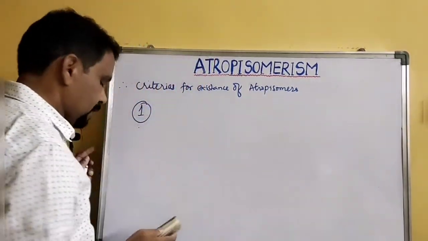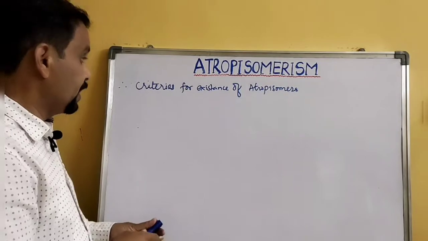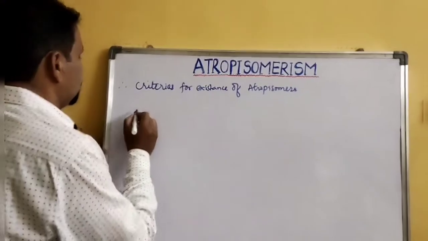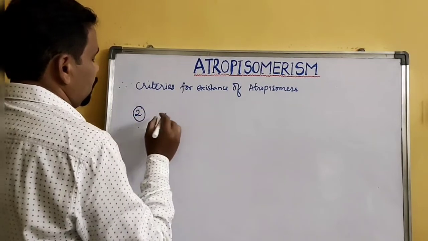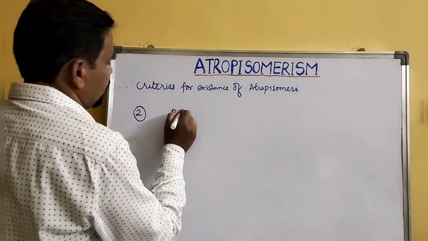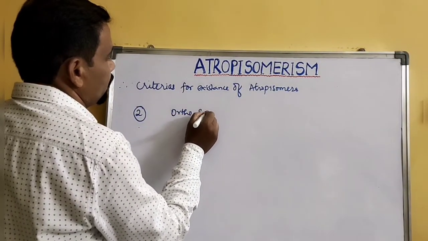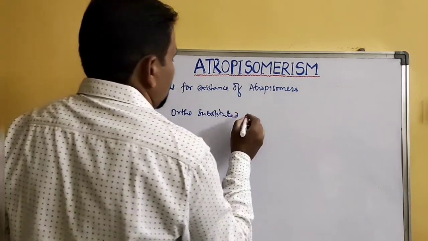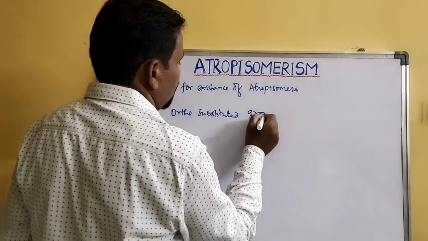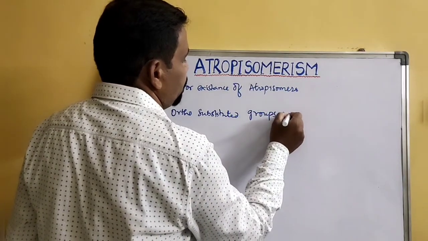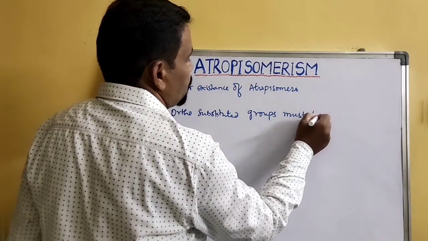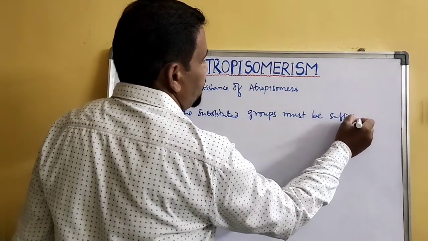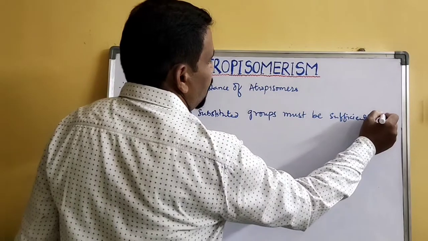And the second criteria to exhibit heteroisomerism: ortho substituted groups must be sufficiently large.